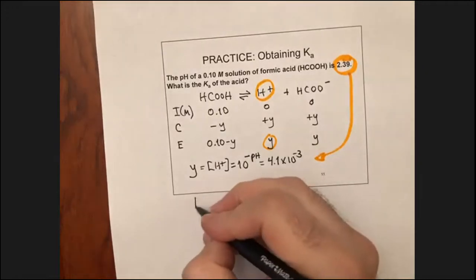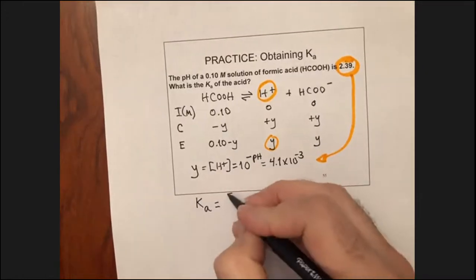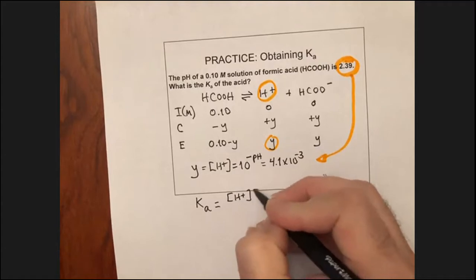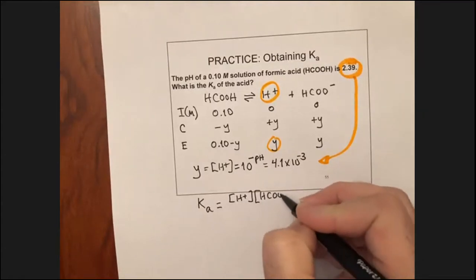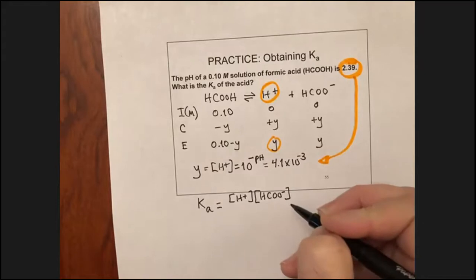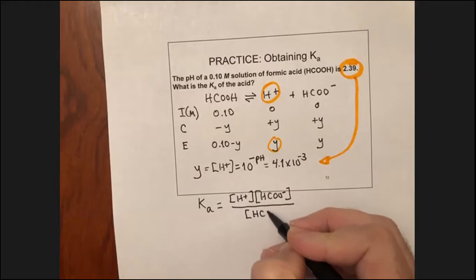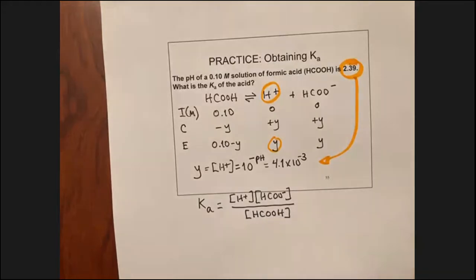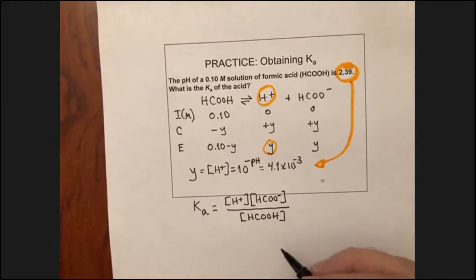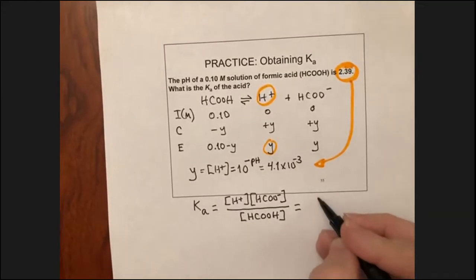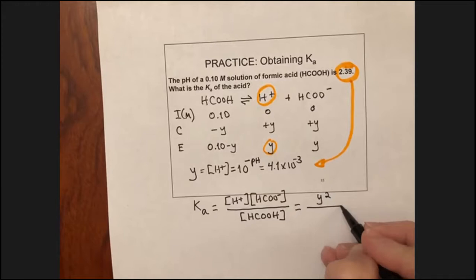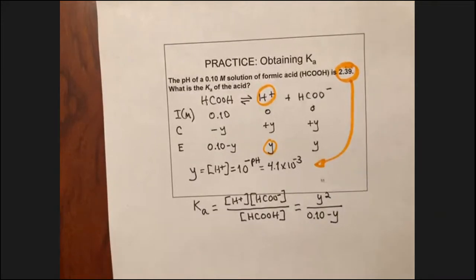At equilibrium, Ka is hydrogen ion times the formate ion, divided by the concentration of unionized acid. That is essentially Y squared over 0.10 minus Y. And in this case, we have the option to approximate or not.